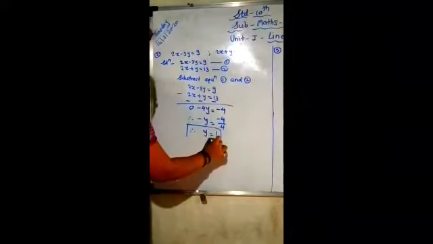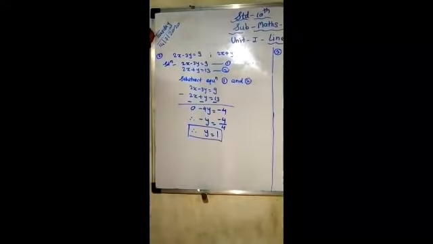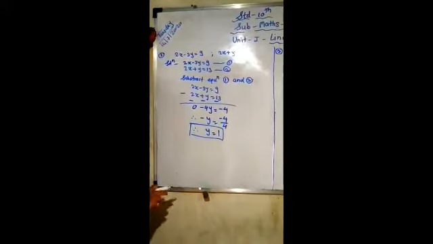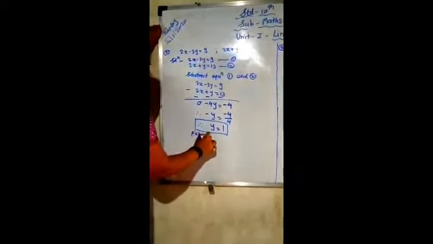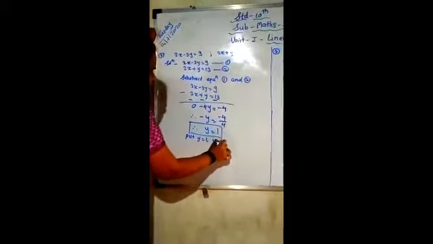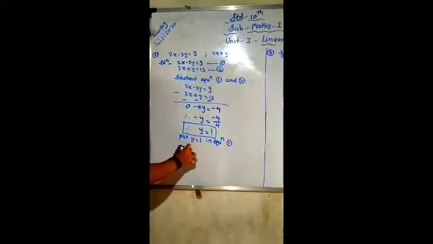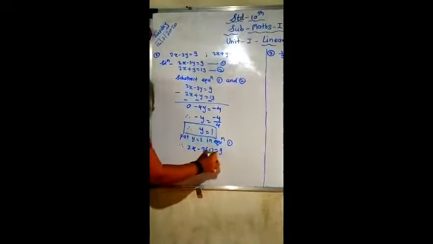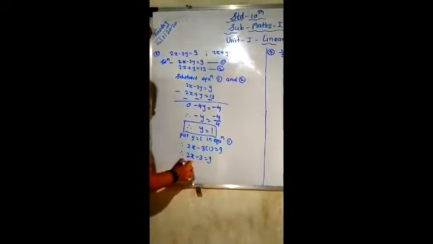Here we get the value of y. Then from this we calculate the value of x by putting this value in equation 1 or 2. Any equation we can put the value. Put y is equal to 1 in the first equation. Then 2x minus 3 into bracket 1 is equal to 9. Therefore 2x minus 3 is equal to 9.